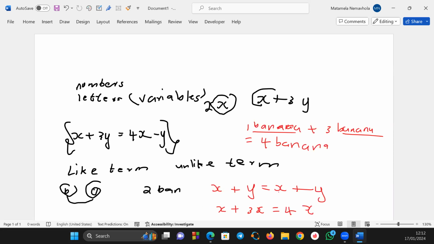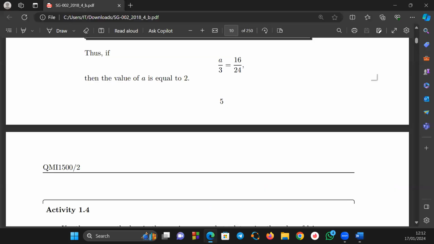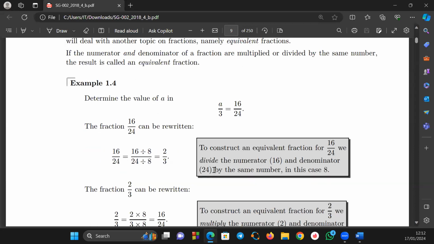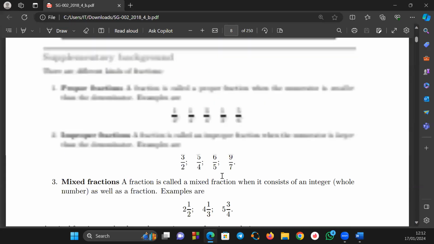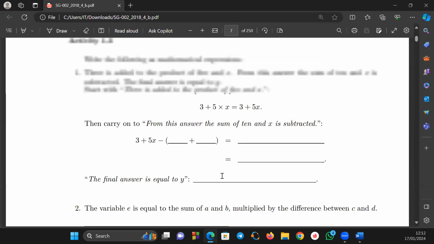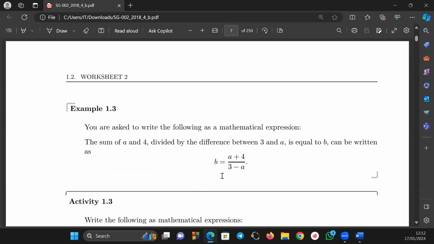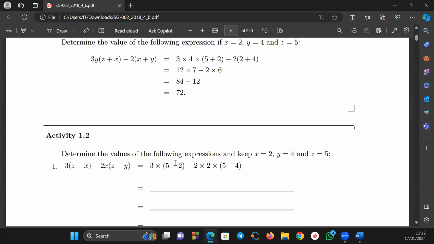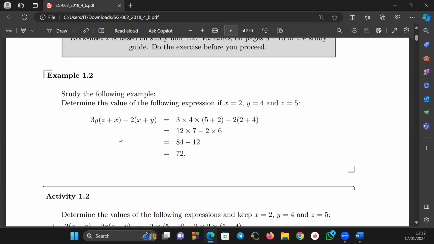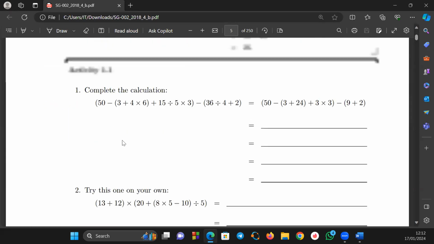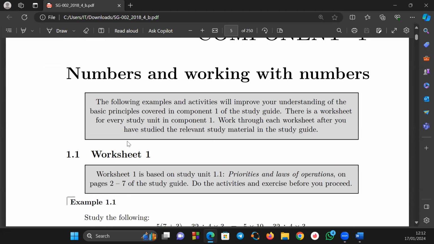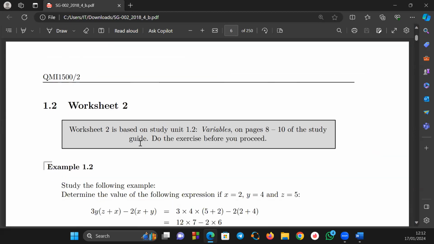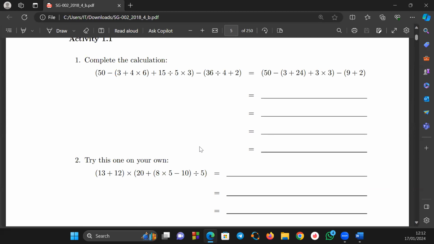So let me open your study guide so that you can see what I'm talking about. In your first study guide, they were teaching you how to add using the BODMAS rule, which I will complete with you for now.